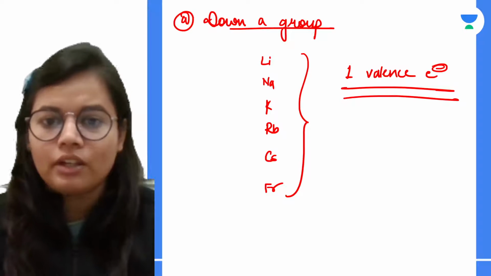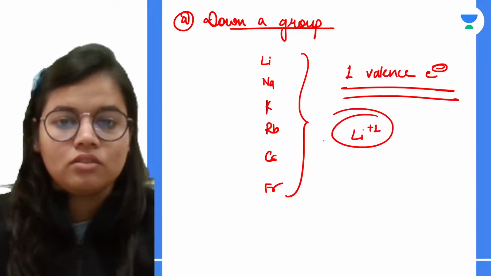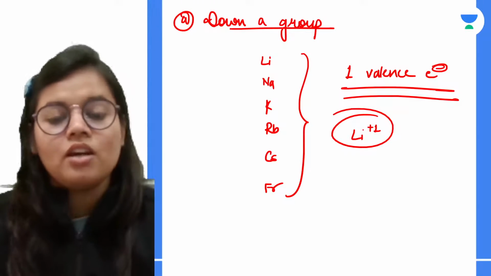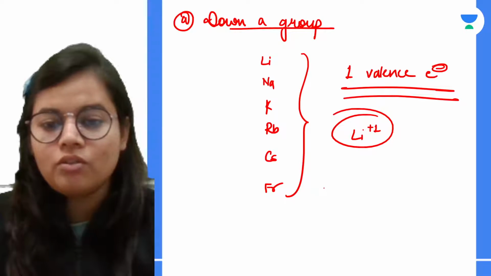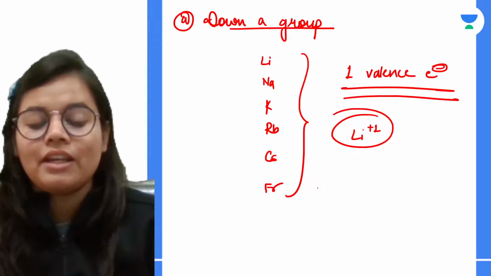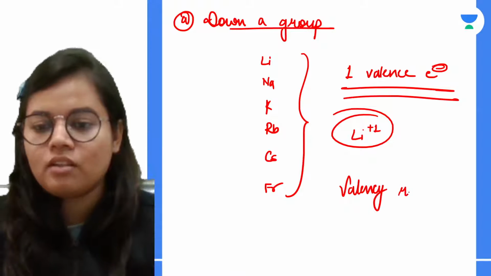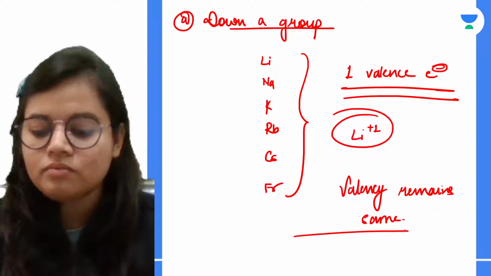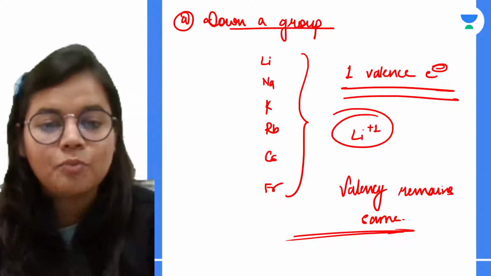They would be giving their one electron, and what will the valency of all become? 1. Na plus 1, K plus 1, Rb plus 1, etc. They all are donating one electron. Okay, so as we are moving down the group, because they contain the same number of electrons in their valence shell, the valency remains the same. Okay, clear with this point?